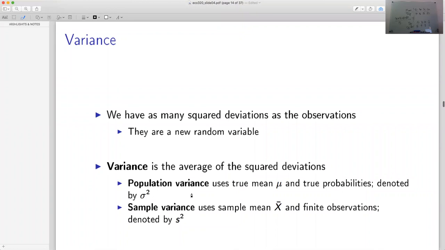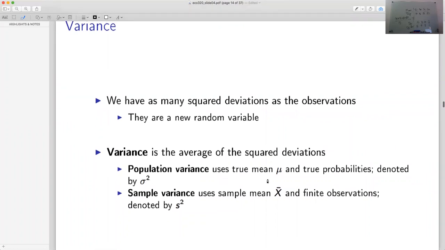For the population variance, you use the true mean. Again, this is a population parameter: mu for the average, and sigma square for the variance. But in reality, we are not going to have a population data set, because sometimes if we want to know the average income or average education, we cannot get all the information from all the cities in the US.